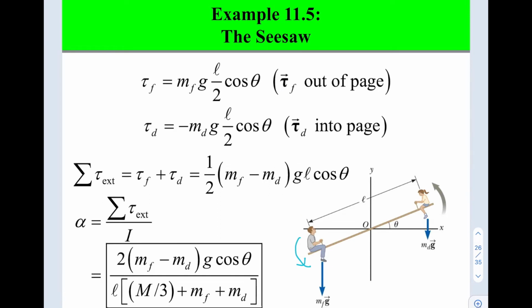Use the right hand rule: place your four fingers along d, the half length of the total length of the rod, the seesaw, times the force of the father.